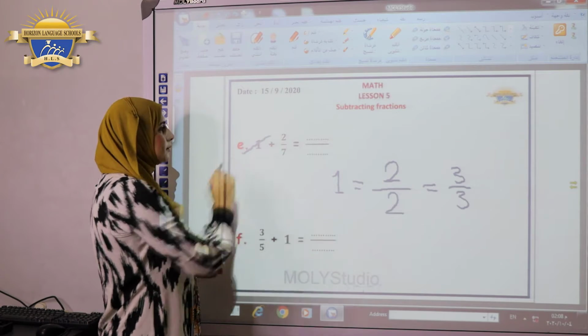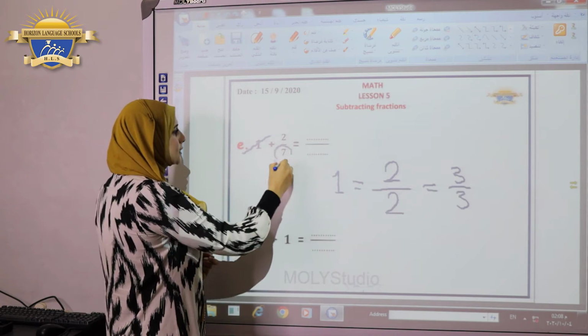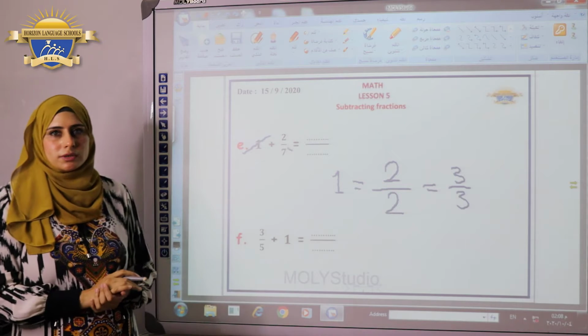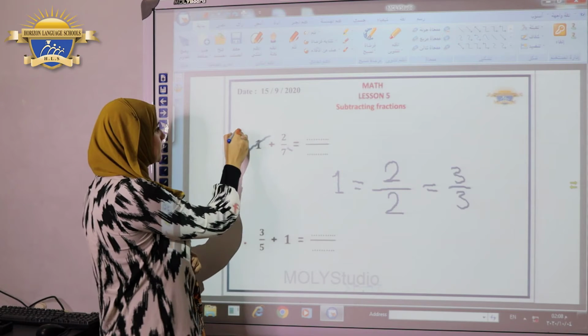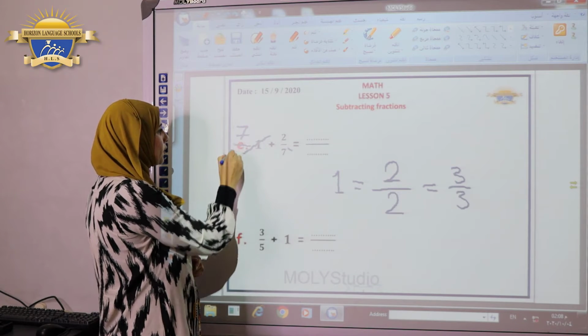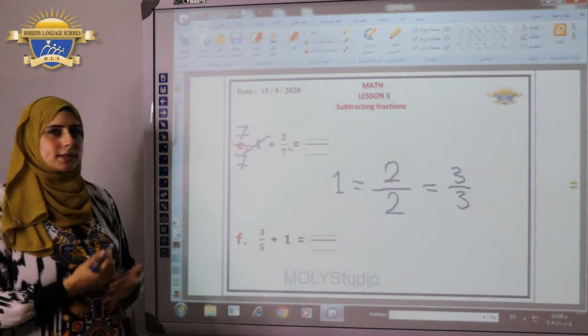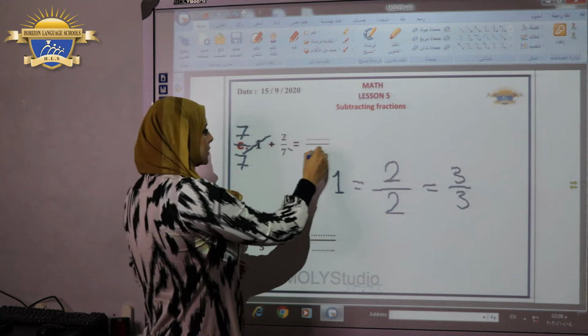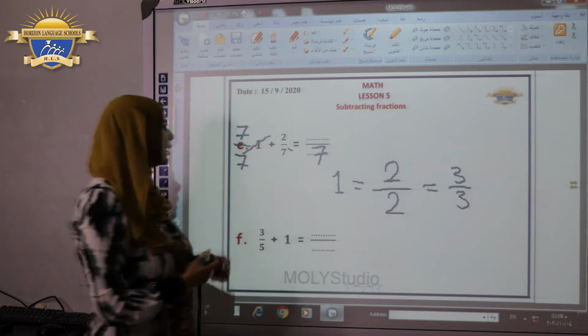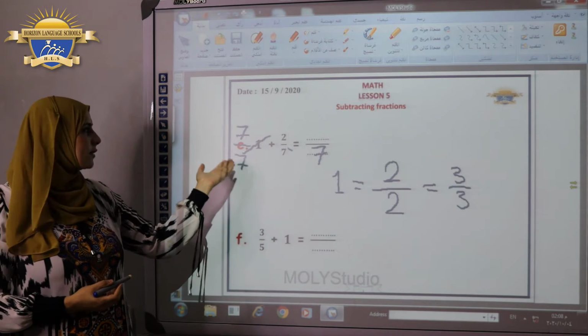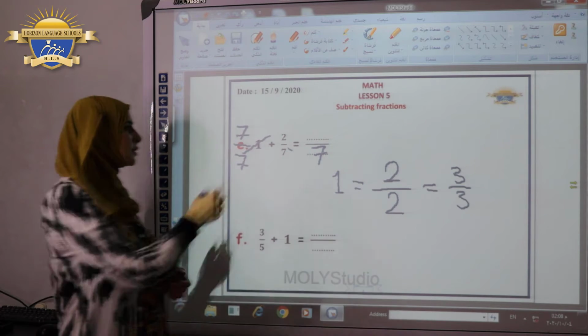I will cancel 1 as I have here 7 in the denominator. So 1 equals 7 over 7. The denominators are the same, so I will write here 7 and then add the numerators. 7 plus 2 equals 9.